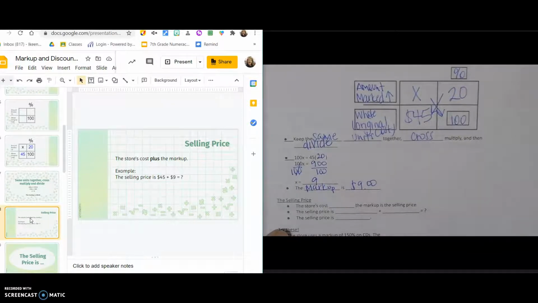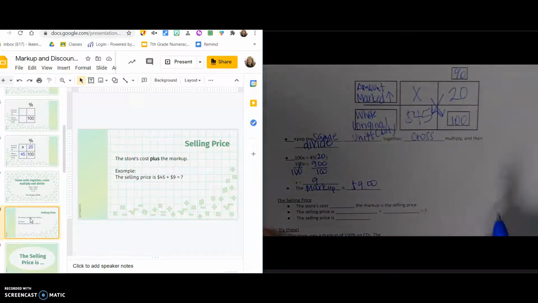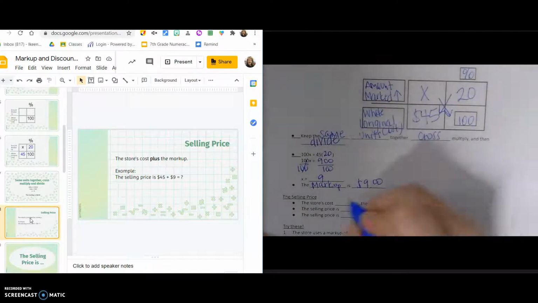Remember, in economics, a class you'll take much later on, stores don't charge you what the cost is to them. They're in the business of making money also. So that markup is the amount that they are making off what you are purchasing in their store.